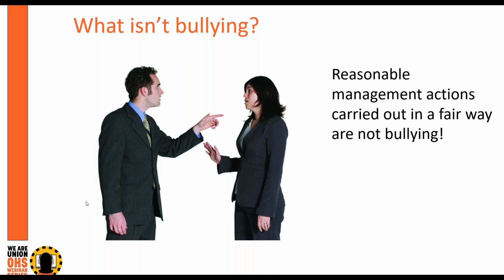All of these things may well be reasonable management action. However, it needs to be remembered that it must be carried out in a reasonable manner. If these things are done in an unfair way or unreasonable manner, they may in fact form part of a bullying complaint. Okay.